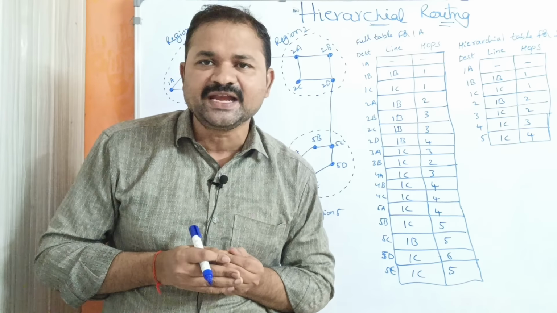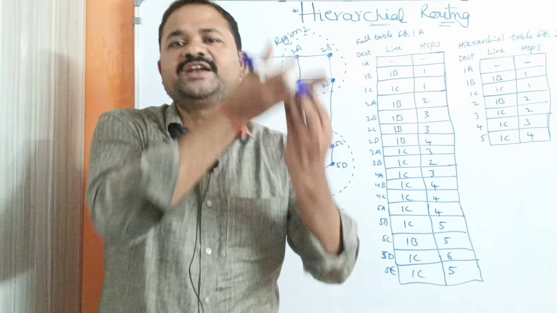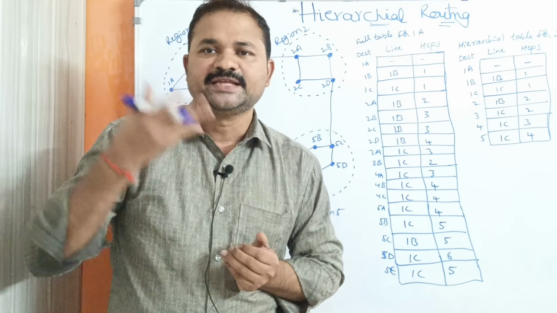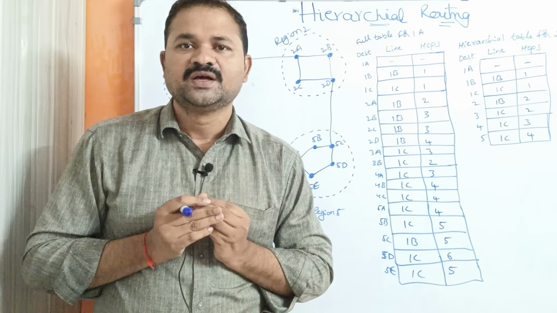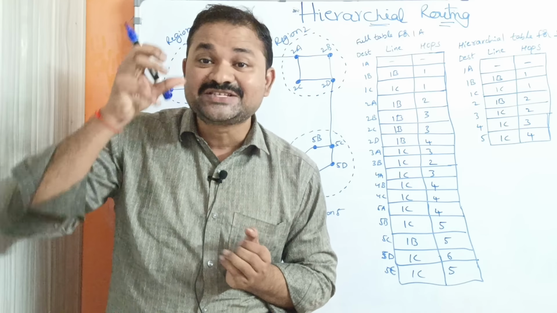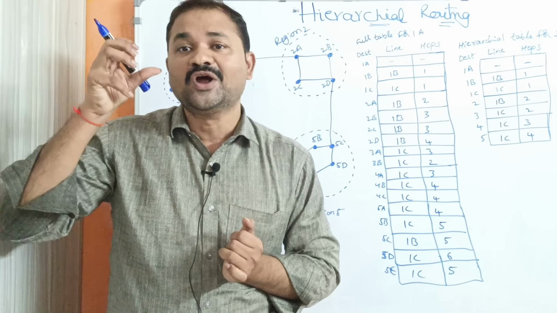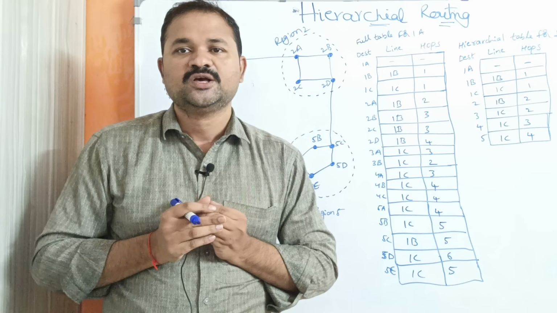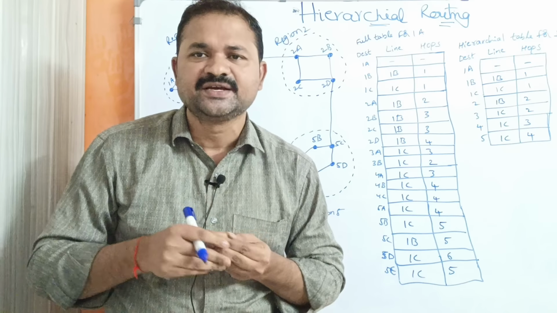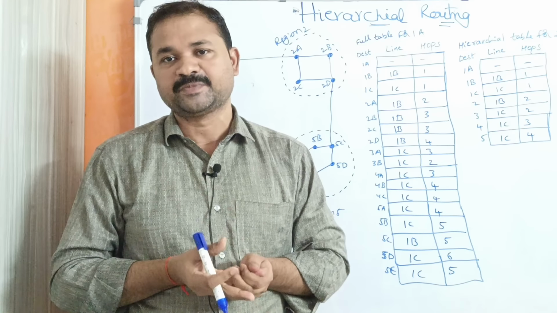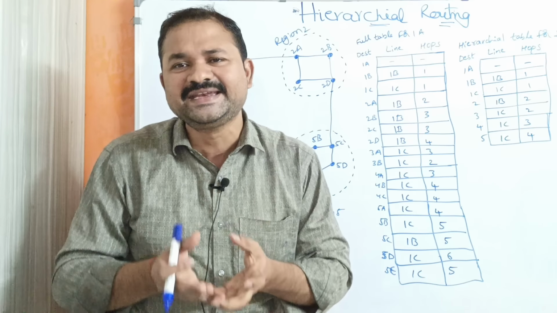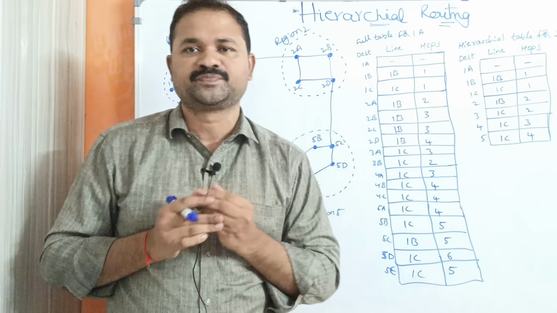So when the size of the network increases, the number of routers increases, as well as the size of the routing table. The routers cannot handle the traffic efficiently because of too many entries in the routing table.